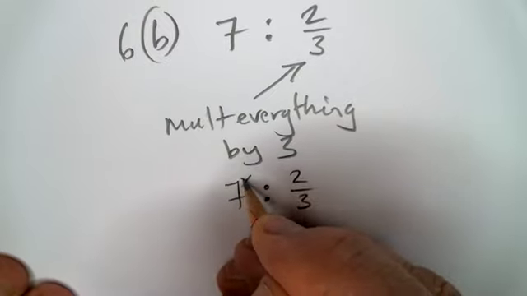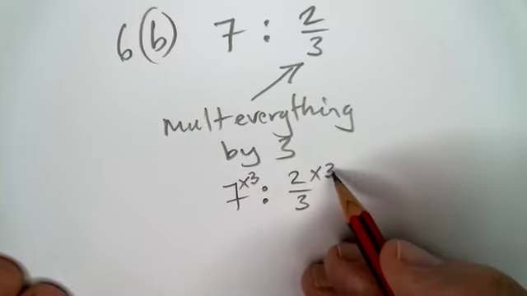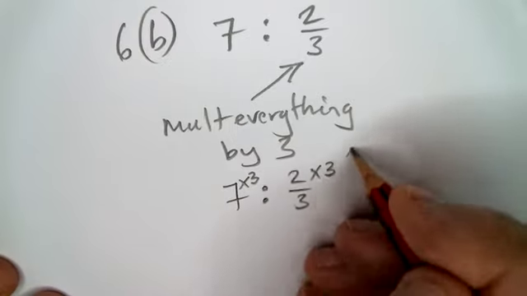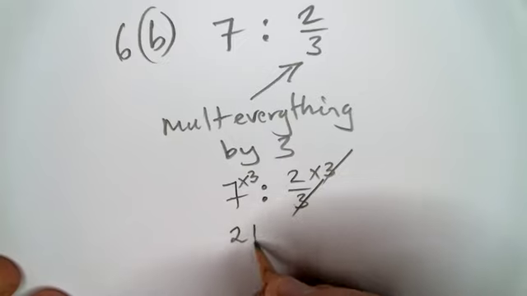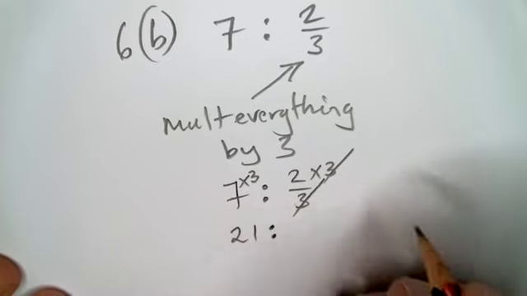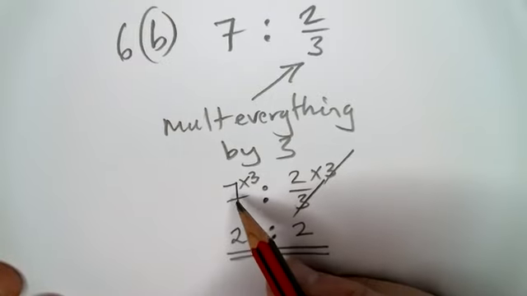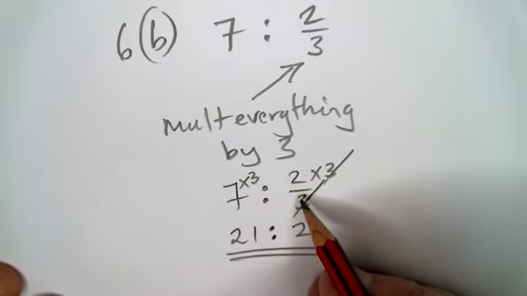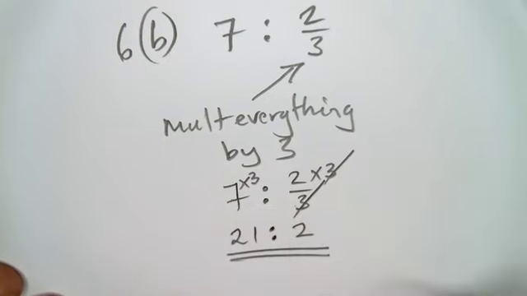I'm going to multiply this by 3 and this by 3. Well, whenever you multiply by the denominator, it just simply is cancelled. So I've got 7 times 3 is 21, and then we'll be left with a 2 there. In other words, 7 to 2/3 is the same ratio as 21 to 2.